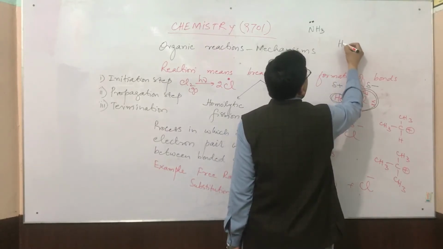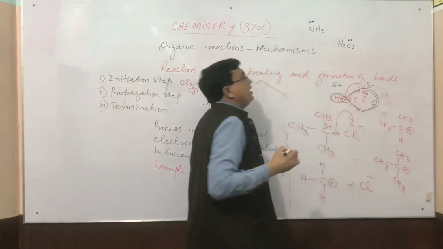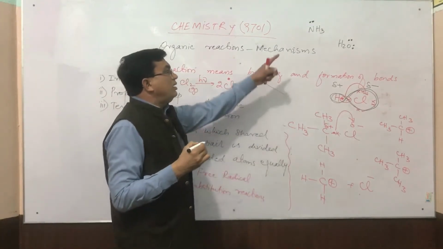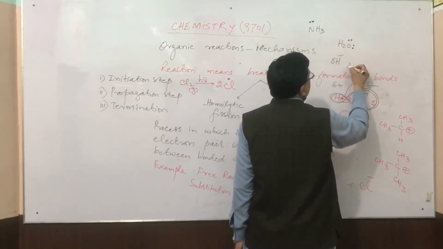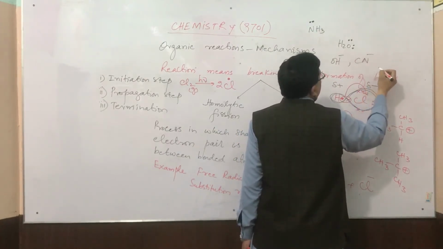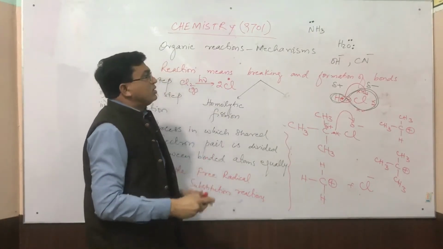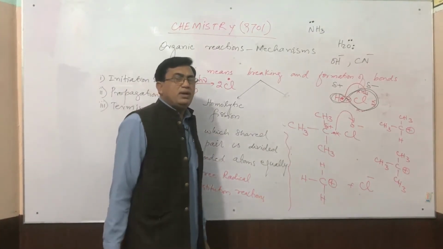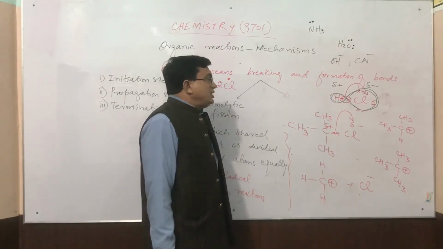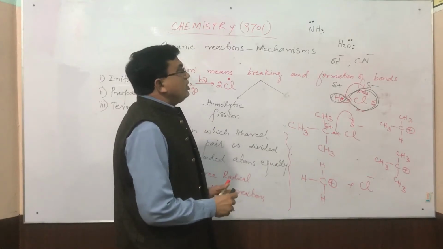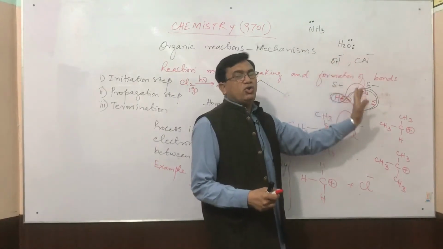Similarly, a water molecule, due to the presence of a lone pair on the oxygen atom, will act as a nucleophile. Similarly, hydroxide and cyanide can all act as nucleophiles because they contain a negative charge or lone pair, due to which they can attract positively charged centers or nuclei. That's why these species are called nucleophiles.